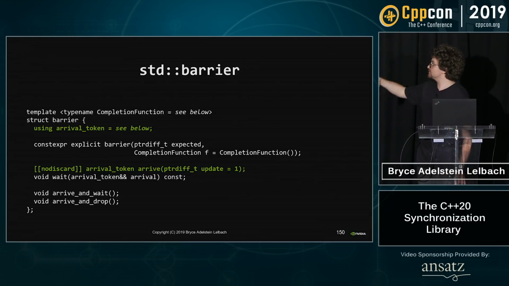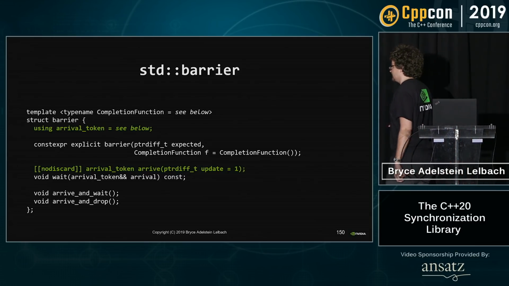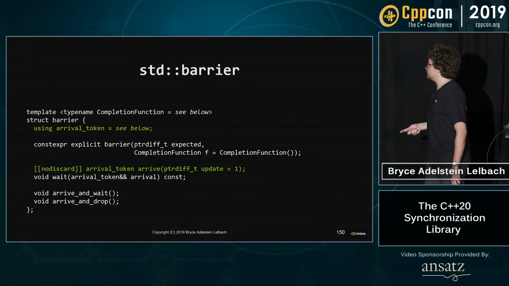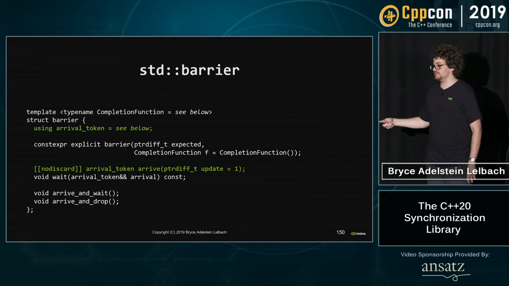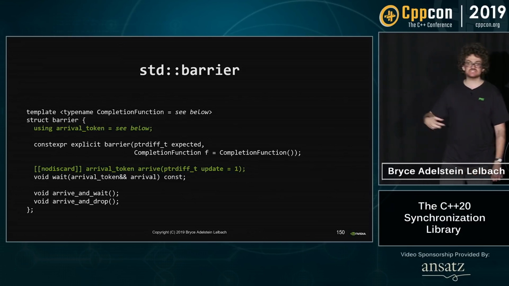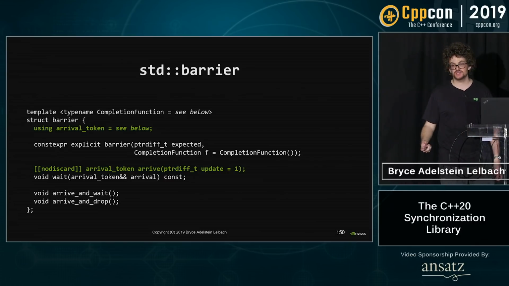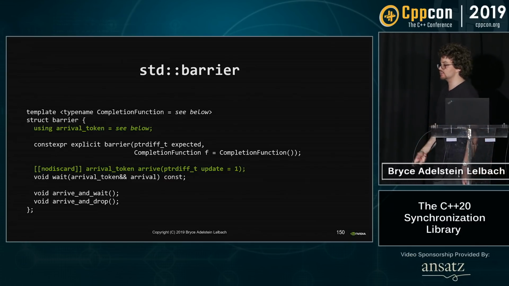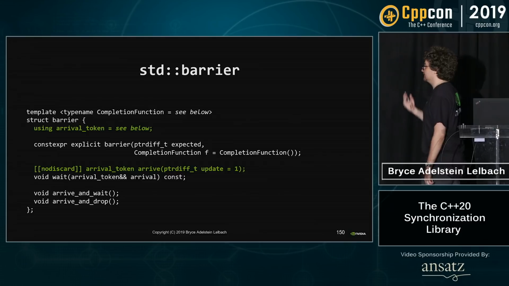Because there are multiple phases of a barrier, if you want to arrive at a barrier and then wait on it later, as you can with latch by calling count_down and then later calling wait, you need some sort of handle to the barrier to know which of the phases you're going to be waiting on later.